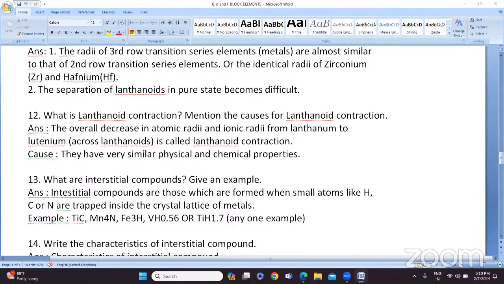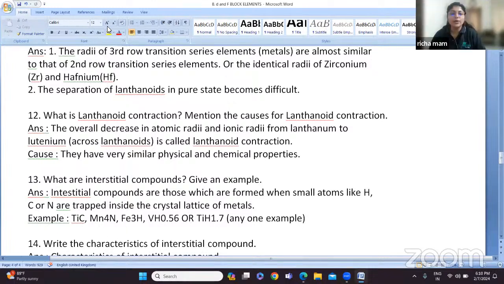This we have discussed in the MCQs as well as in the 1 mark question. What are interstitial compounds? When a metal lattice is there, inside the crystal lattice structure of the metals there will be small spaces. These small spaces will be occupied by small atoms like carbon, nitrogen, oxygen.